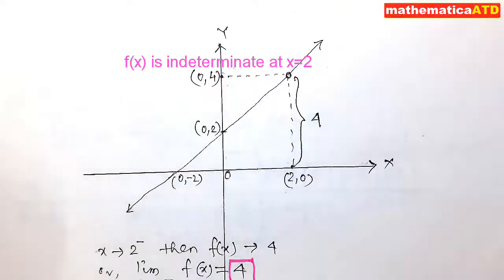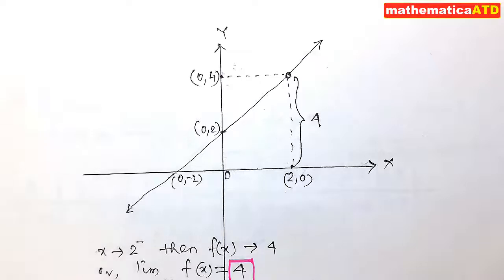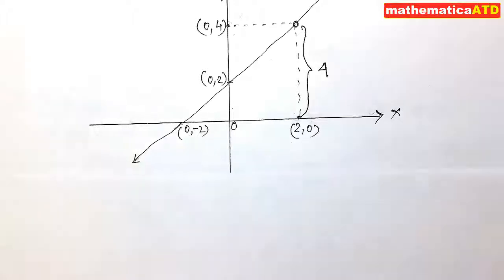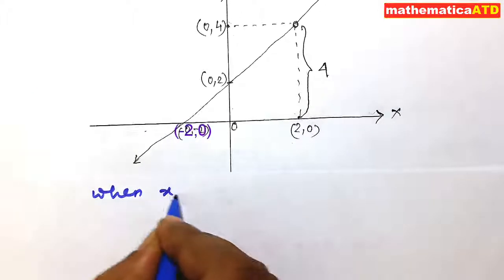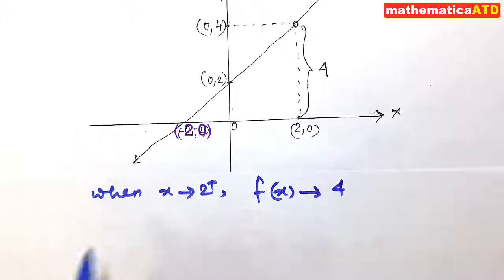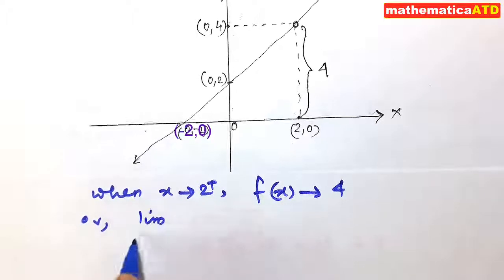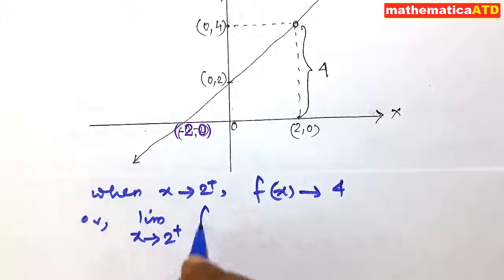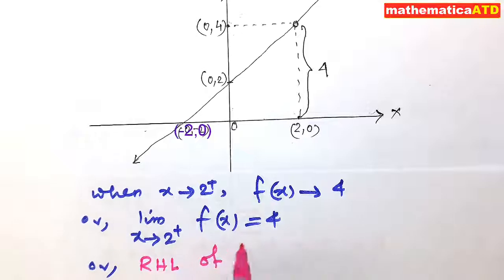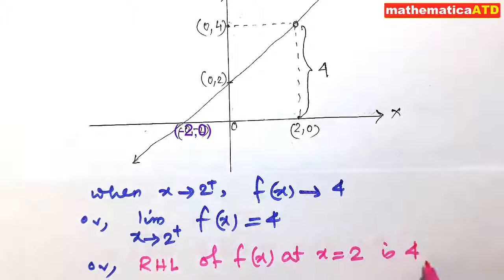So we can write now, when x tends to 2 plus, then f(x) tends to 4, or we can write that limit x tends to 2 plus of f(x) is equal to 4, or right hand limit, that means RHL of f(x) at x equals 2 is 4.